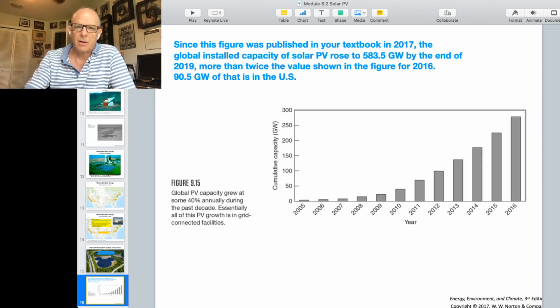So you can see that from the end of 2016 to 2019, in 3 years, it did more than double. And so that very, very fast rate of growth is continuing. And if it continues, that would mean that by the year 2022, the global installed capacity of solar photovoltaic would be more than 1,000 gigawatts, or more than a terawatt of electrical power available.